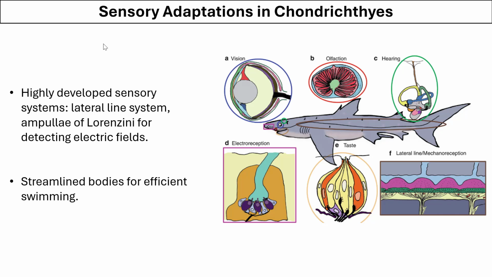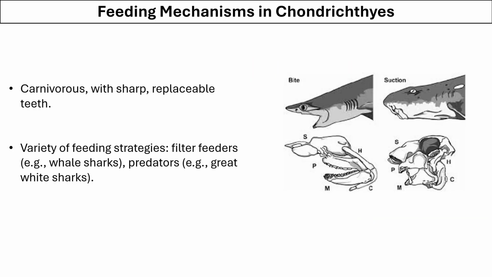Chondrichthyes have a very highly evolved sensory system. They have a lateral line system which helps them detect electric fields underwater. They have a streamlined body that provides them efficiency for swimming. Chondrichthyes are carnivorous and they have very sharp replaceable teeth, and they feed by chewing on their food.